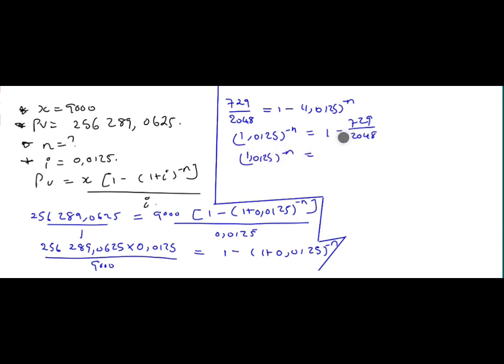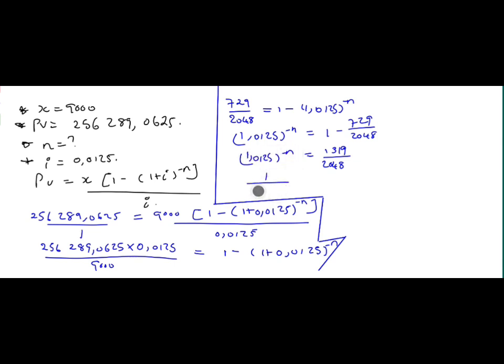And that's going to be simplified to be 1,319 divided by 2048. Now, laws of exponents, to have that as a positive exponent, I'm going to have it as a denominator.